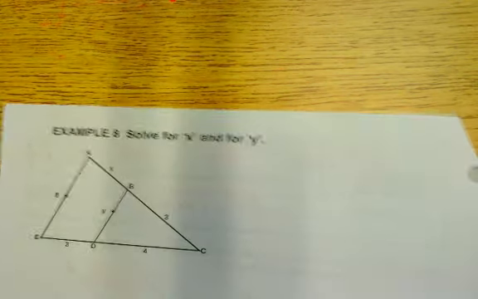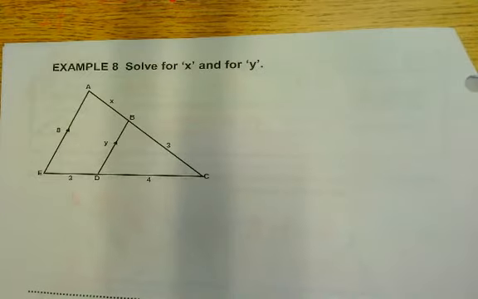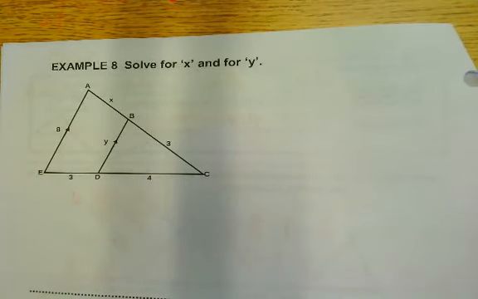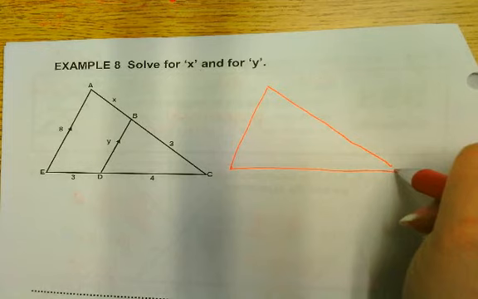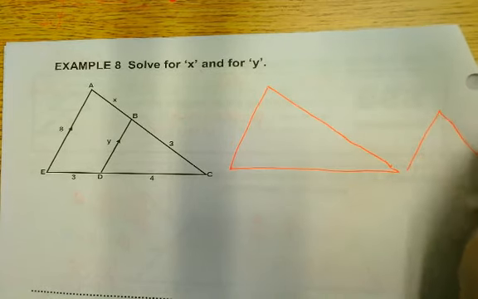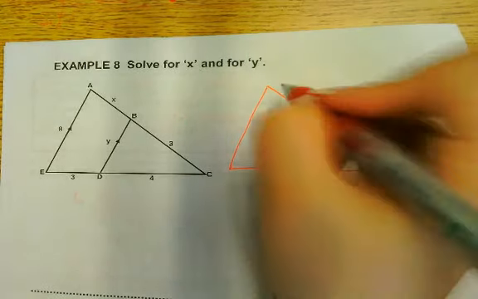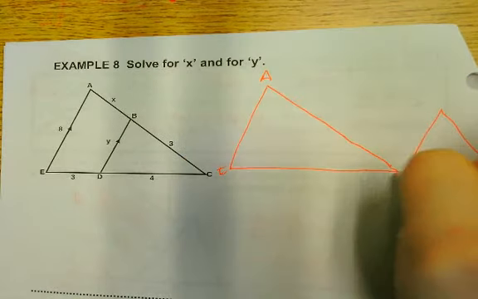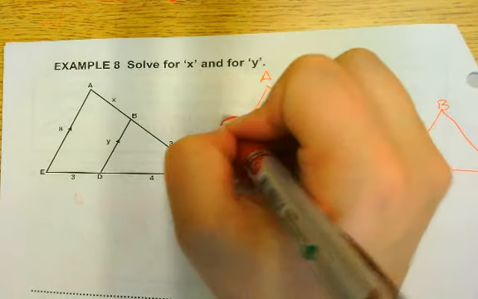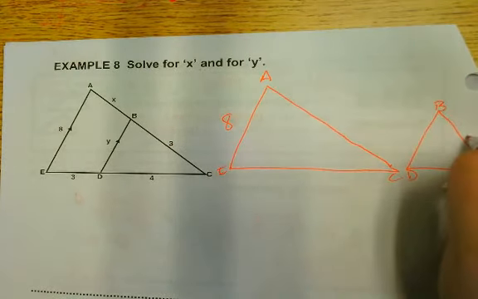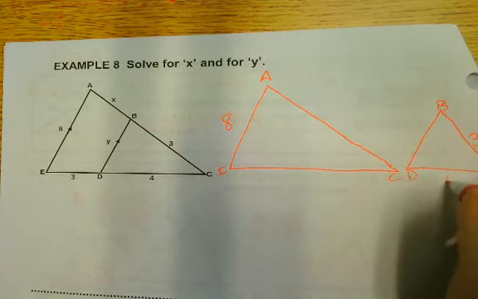Example 8 is solving for X and Y. So what's the first thing that you should probably do? Pull out your triangles. So you have a small guy and a big guy. You have A, E, C, and B, D, C. AE is 8, BC is 3, DC is 4, EC is 7.